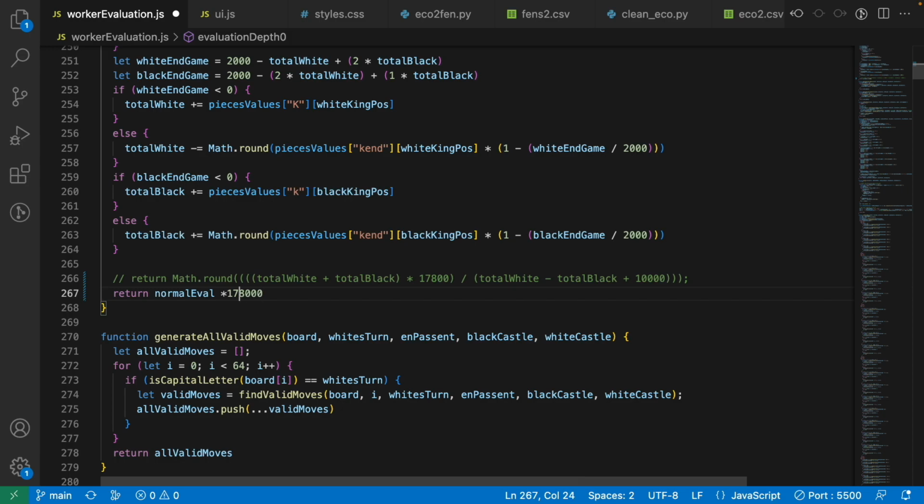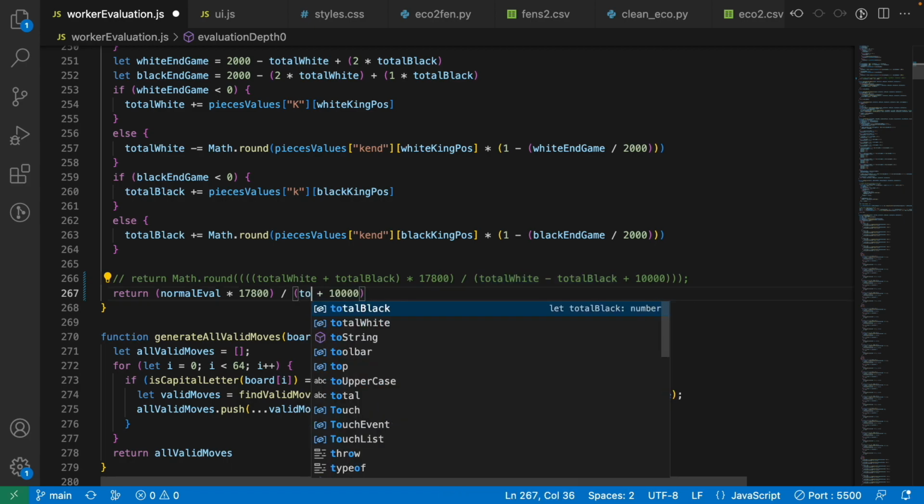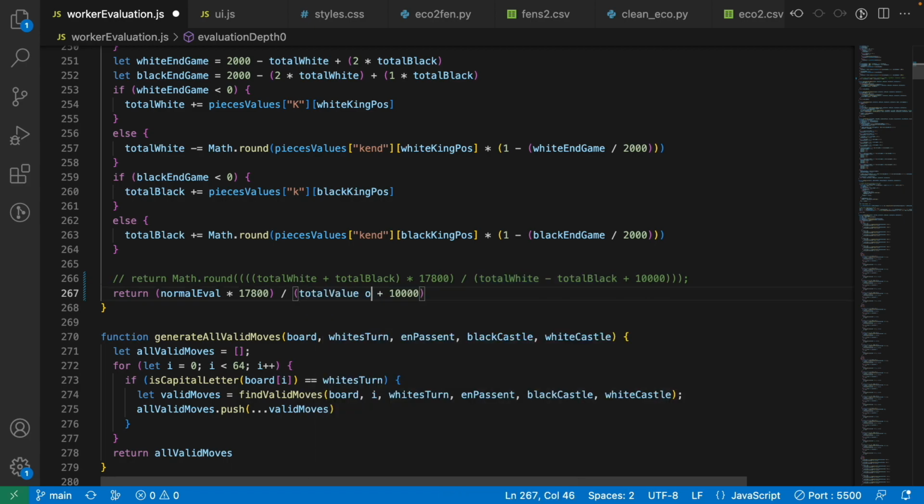I'll get to why this number is important later, but you're multiplying it by that number, and then dividing by this number here, which is simply the total value of all pieces, plus that number there.